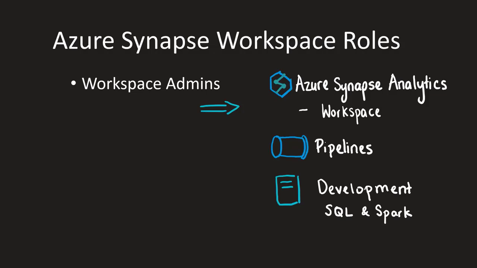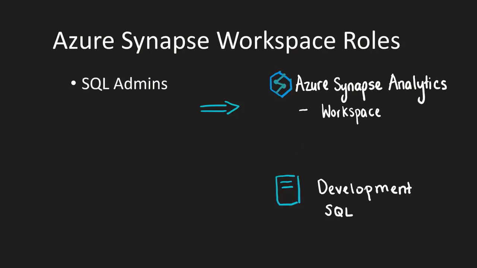That means you can create pipelines and the entire orchestration side. The Workspace admin can also do development on both the SQL and Spark cluster pools. If we move to the SQL admin, on the other hand, they can get access to the workspace and do certain things there, but the main focus is development on the SQL side.